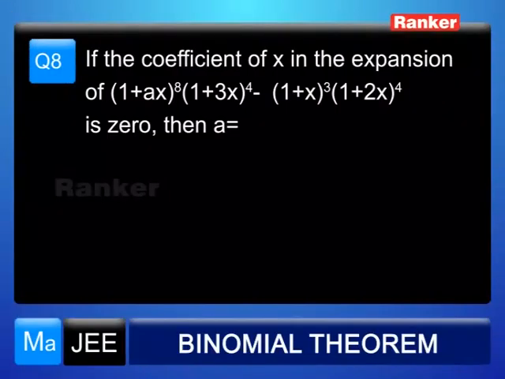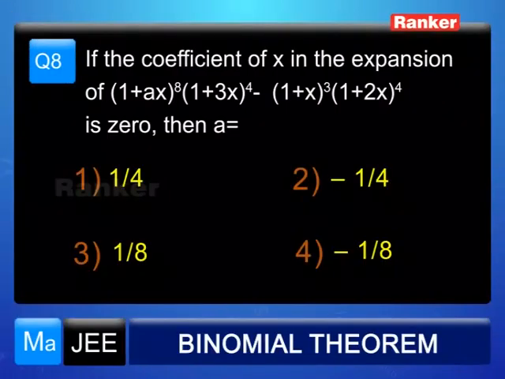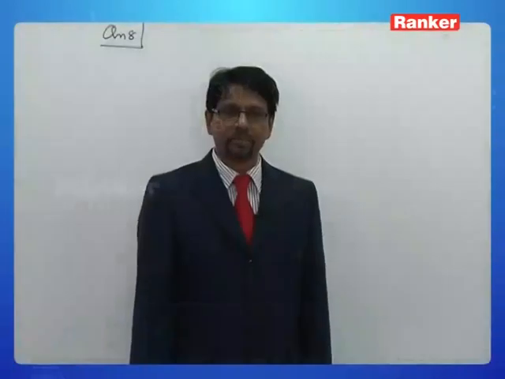If the coefficient of x in the expansion of (1 plus ax) raised to the power 8 into (1 plus 3x) raised to the power 4 minus (1 plus x) whole cube into (1 plus 2x) raised to the power 4 is 0, then the value of a is: 1 by 4, second option minus 1 by 4, third option 1 by 8, fourth option minus 1 by 8.